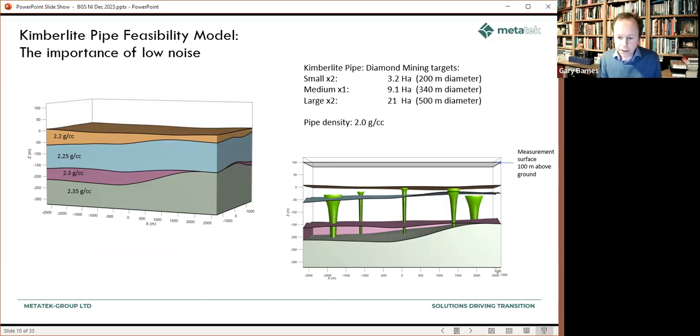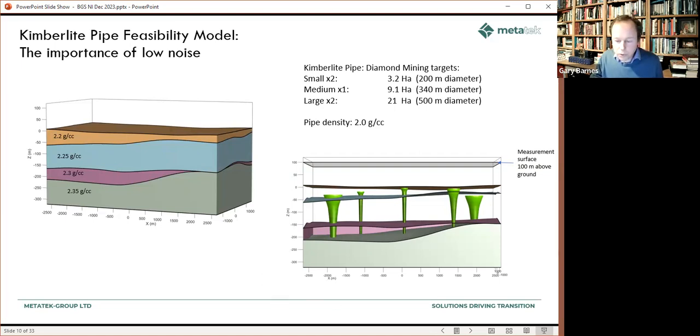Obviously, the tighter the line spacing, the higher the resolution of the data, the more accurate the data will be. But of course, the tighter the line spacing, the more kilometers that are flown, and hence the greater the time scale of the project, and the knock-on effect of that is the higher the price. So we try to design our surveys to be optimal for the geology of interest.